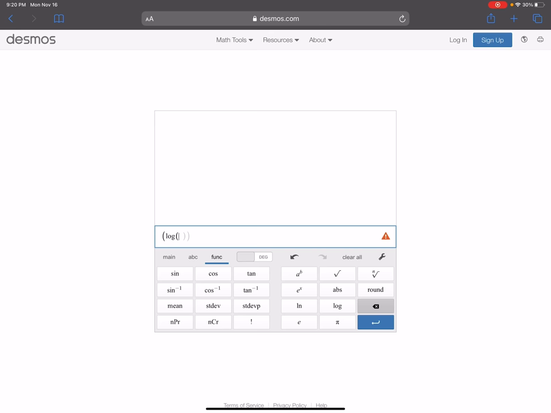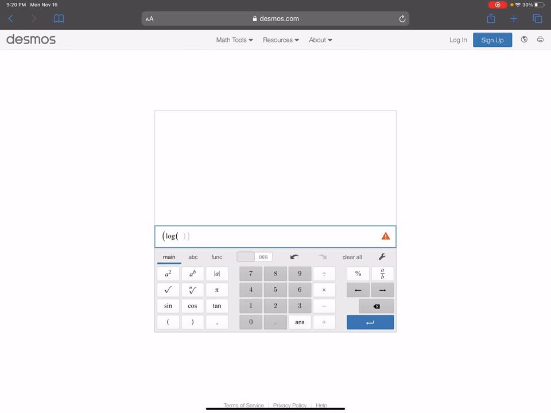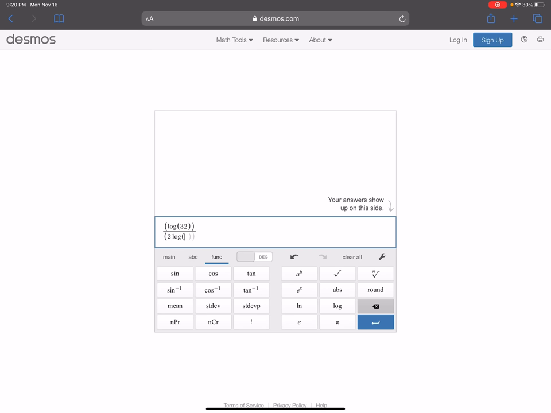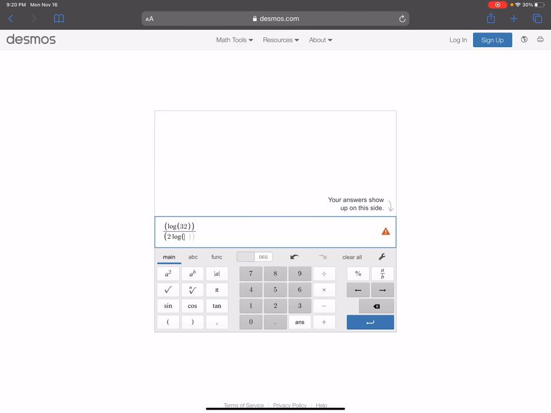So log of 32, and that we're going to divide by, and use more parentheses, 2 times the log of 5. So I'm just going to enter it. 1.077. Awesome.